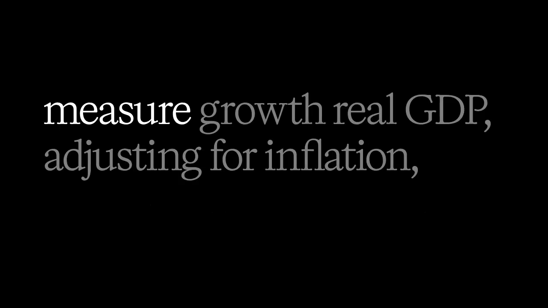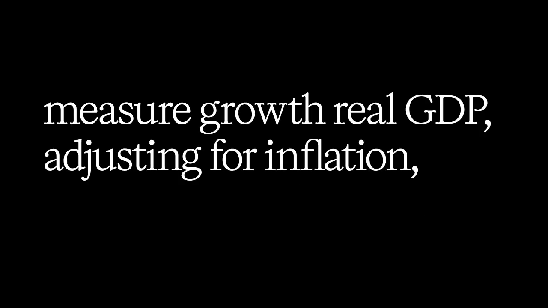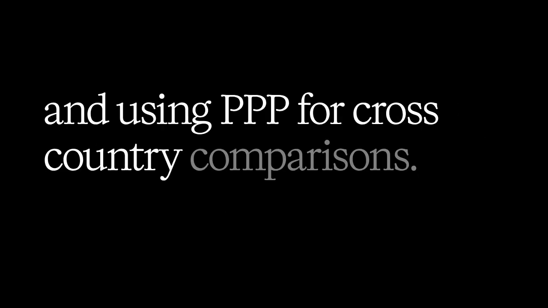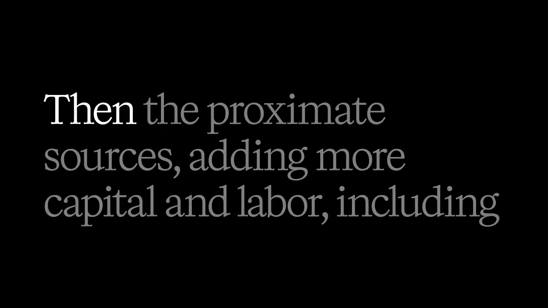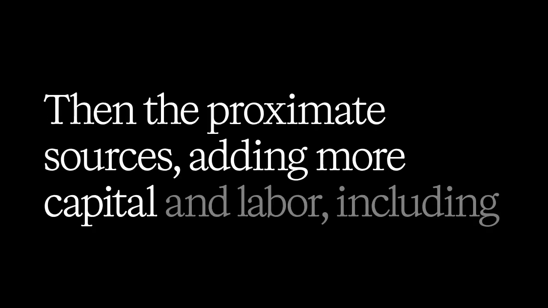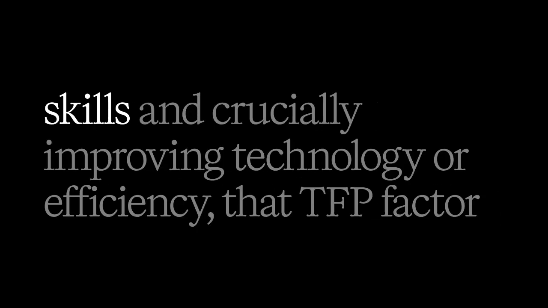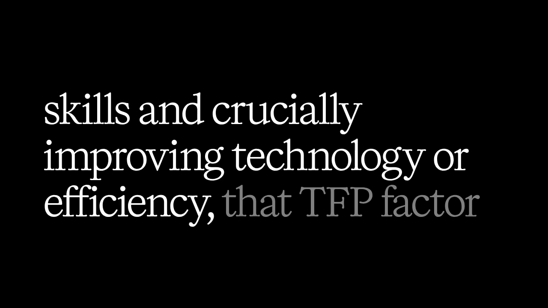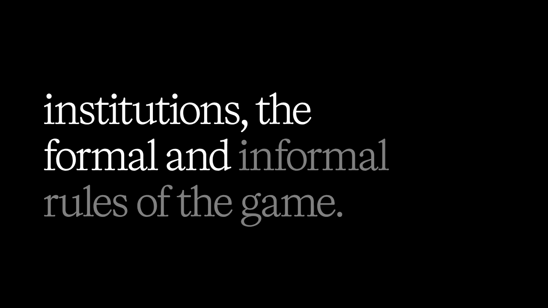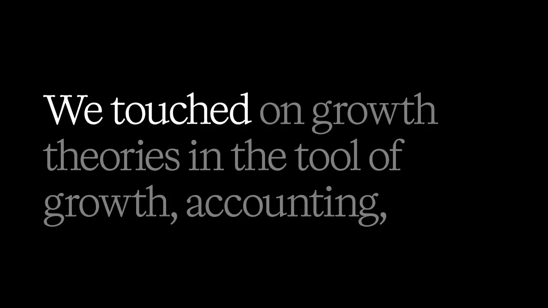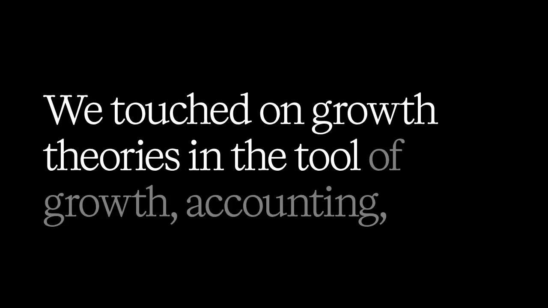So just to recap for everyone listening, we've covered how we measure growth, real GDP, adjusting for inflation, and using PPP for cross-country comparisons. Then the proximate sources: adding more capital and labor, including skills, and crucially improving technology or efficiency, that TFP factor. And the deep determinants behind those, especially institutions, the formal and informal rules of the game. We touched on growth theories and the tool of growth accounting, remembering its limitations.